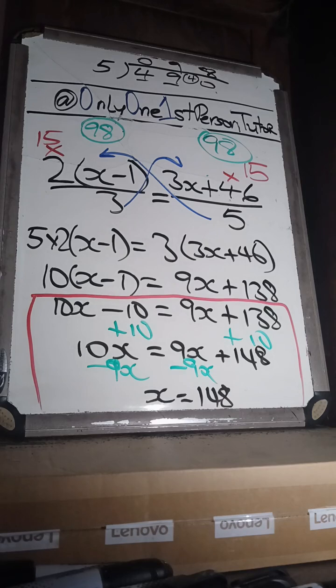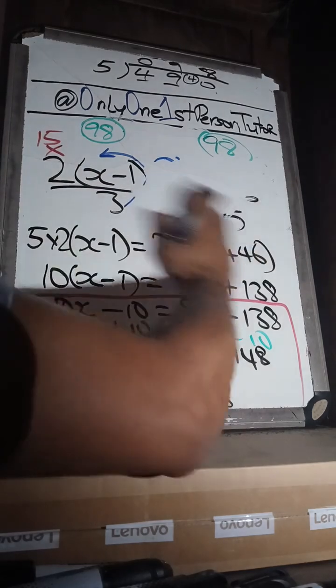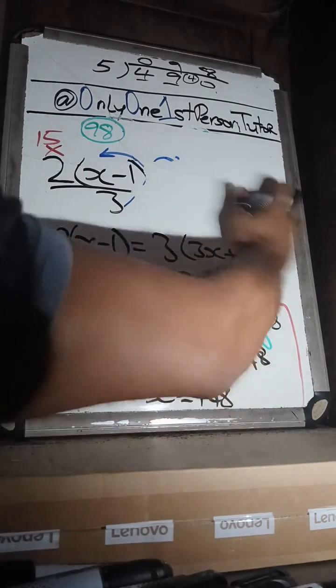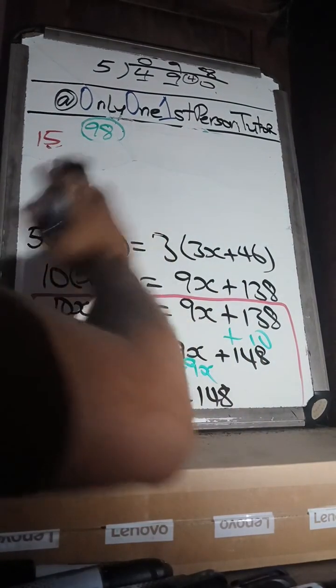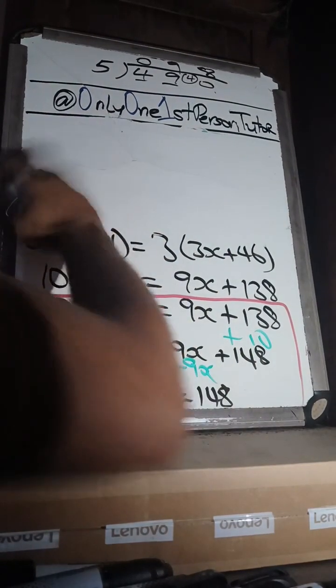So I'm going to move on to the other one now. So this one is 2x minus 3 over 5 plus x over 4, and that's equal to 2.